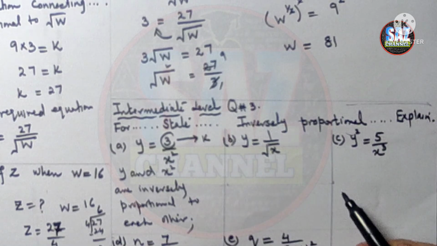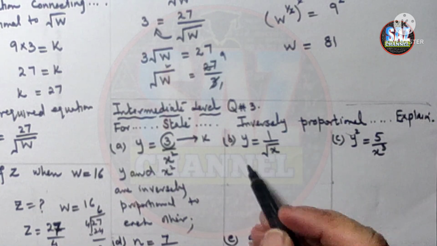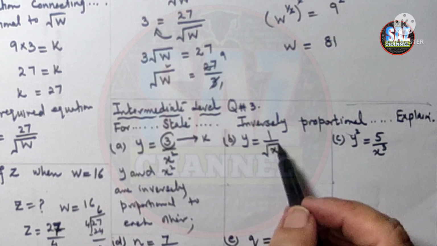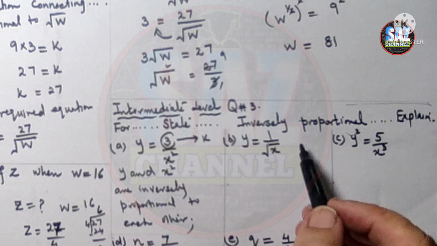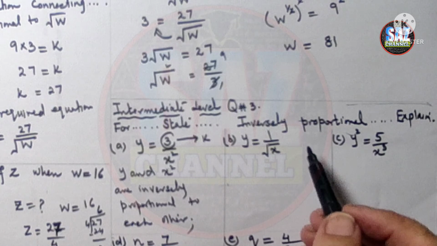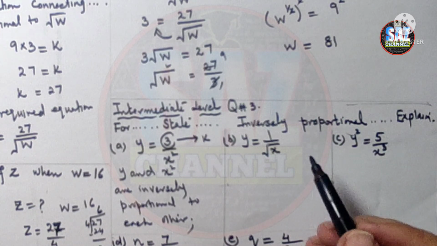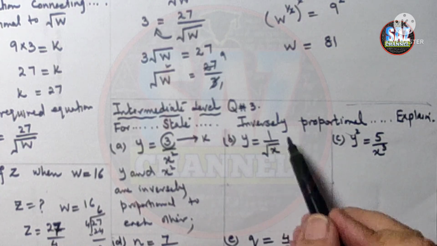This is k. Moving to the second part, the two variables which are inversely proportional to each other. Look at the question carefully and see what the constant of variation can be in this case. Here k is 1.